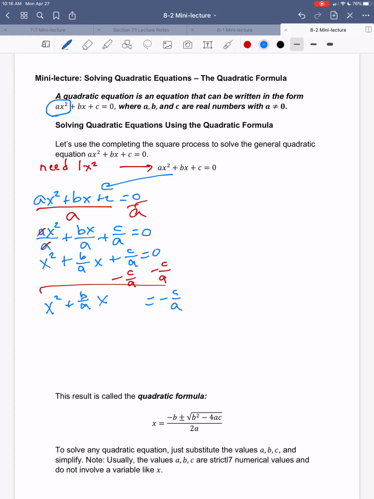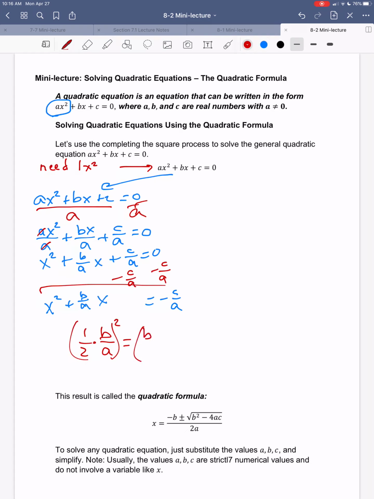The next part, I have to find this sort of special number that I add to both sides. And to do that, I have to look at the linear term. That's where I have x to the first. I need to take half of its coefficient. Remember, when I say half of something, that of really means times. So I'm going to have to multiply this b over a times a half, 1/2 of the coefficient of x, and then I'm going to have to square that thing.